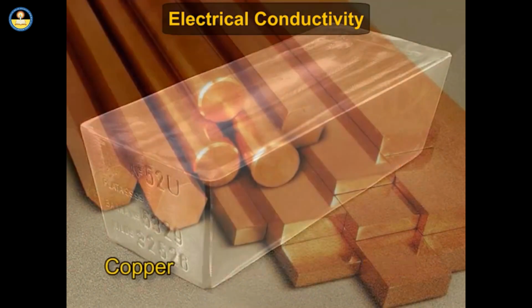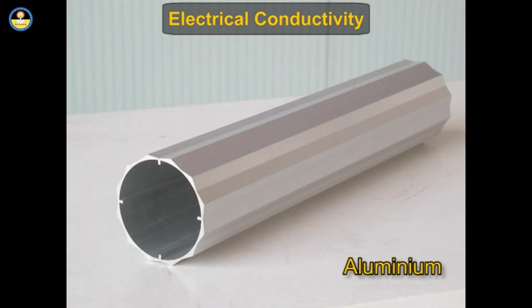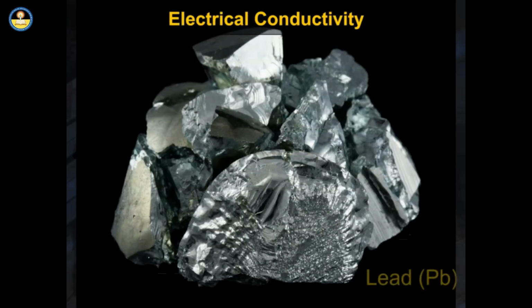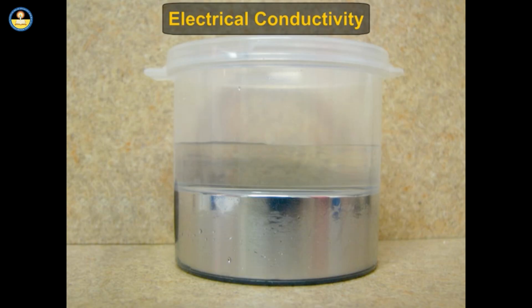Silver, copper, aluminium are good conductors of heat and electricity. Amongst metals, lead, that is Pb, is a poor conductor of electricity. Mercury too is a poor conductor of electricity as it offers maximum resistance to the flow of current.